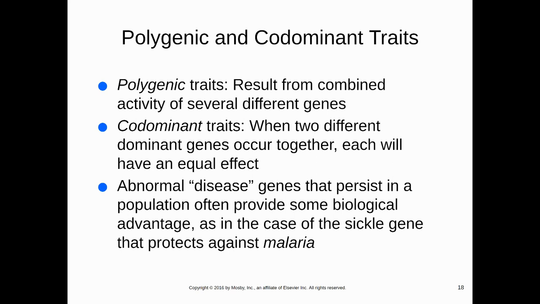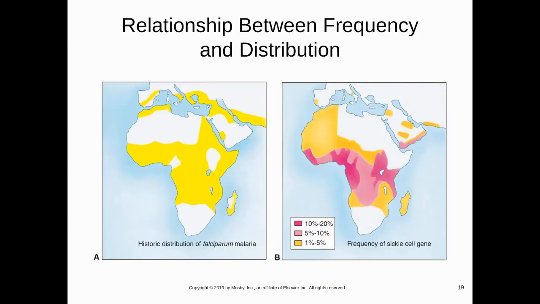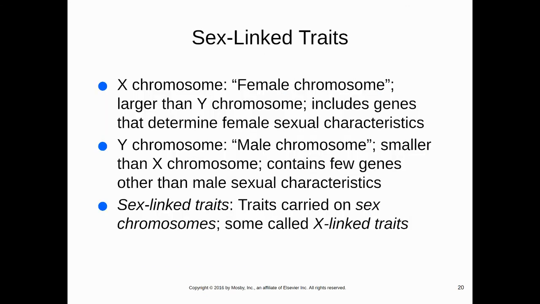And the African population is known to have sickle cell anemia, and so the sickle cell gene actually protected them against malaria. Okay, so as you can see there, the frequency is all based off of the distribution of malaria.